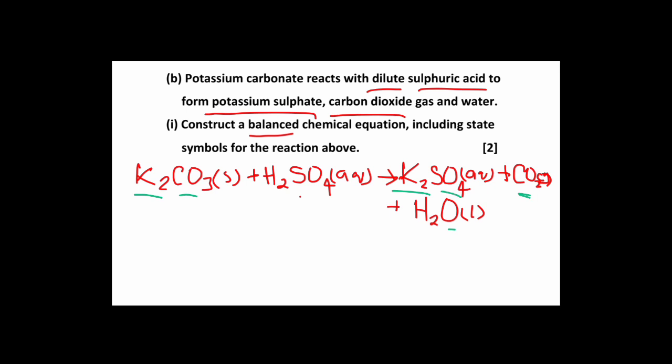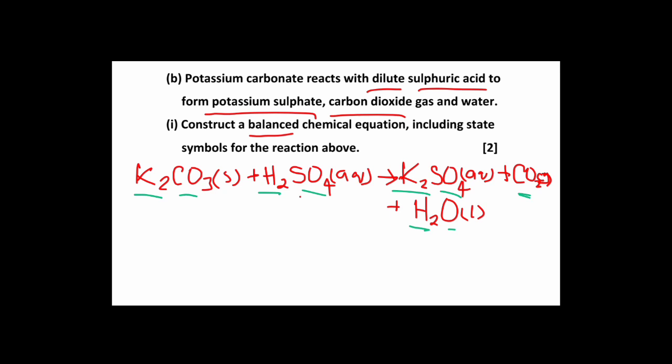Sulfate, we have 1 sulfate. We also have 1 sulfate there. Hydrogen, we have 2, and here we have 2. Meaning this equation is balanced. Therefore, we are not going to leave it like that. You need to give the examiner a statement to show that you checked the equation and it was found to have been already balanced.